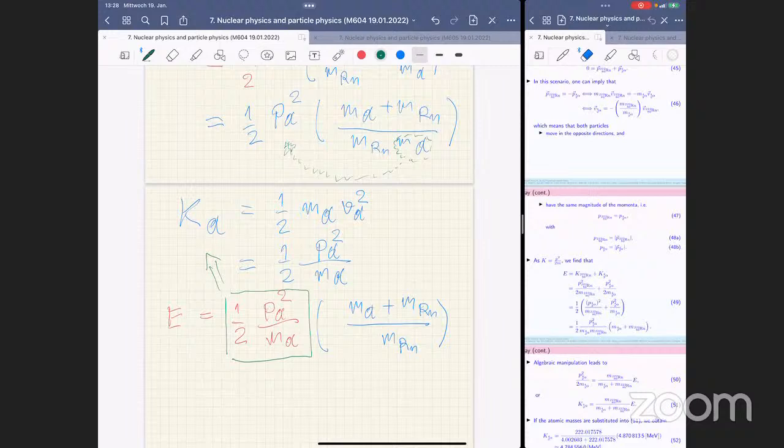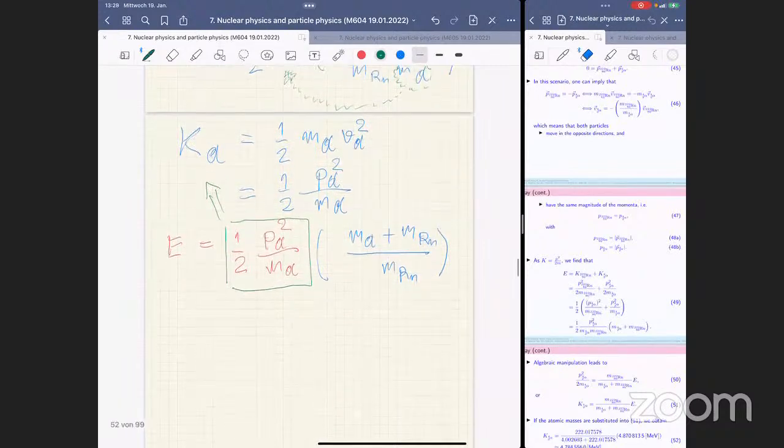Yes, we are going to move the blue one to the left-hand side so that we get the kinetic energy of alpha. So K alpha will be, once we move this term, the denominator will appear as the numerator.